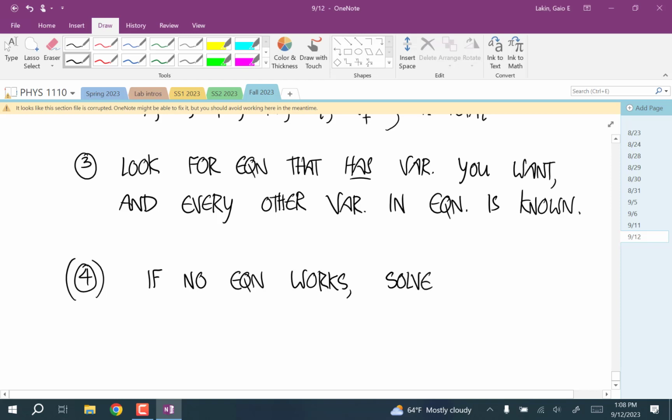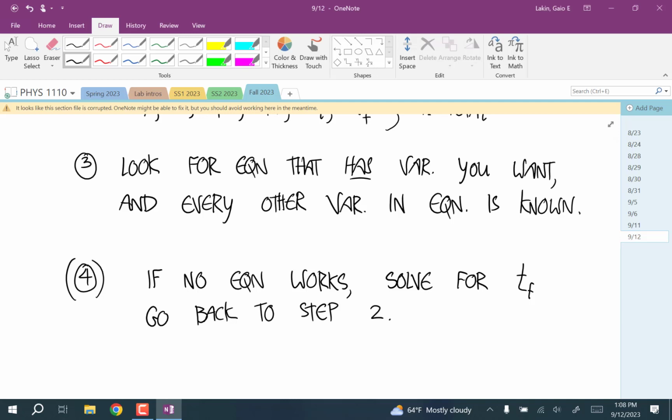So solve for TF and go back to step 2. Okay? Anybody have any questions about that?